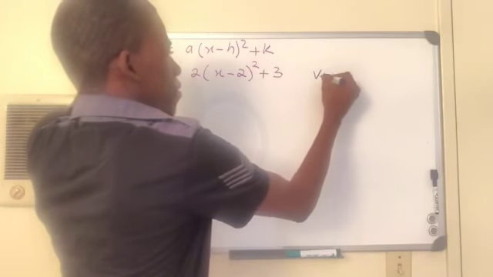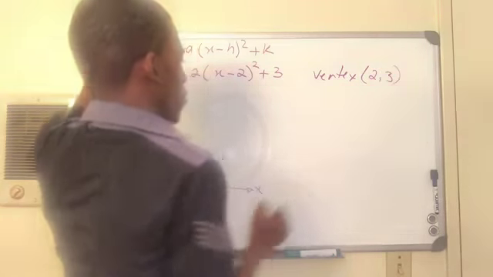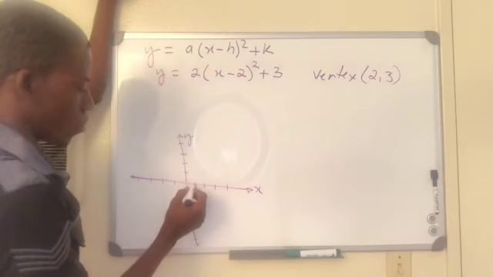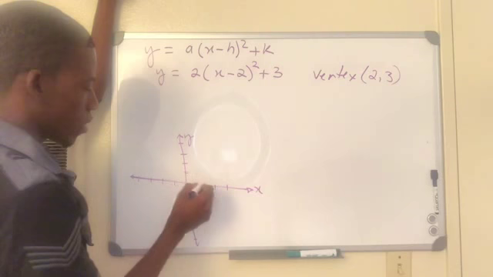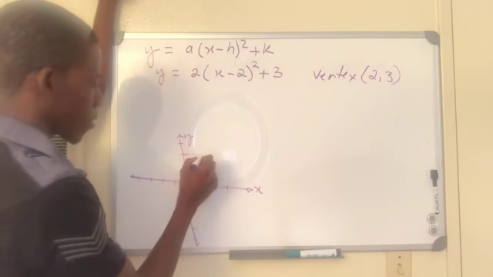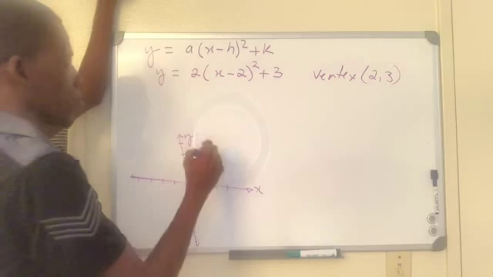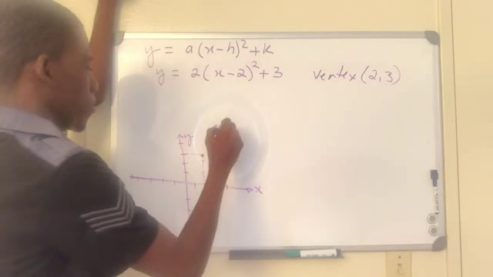So our vertex is 2, 3. Okay, 1, 2, 3. This is our vertex. And since it's positive, my function opens up.